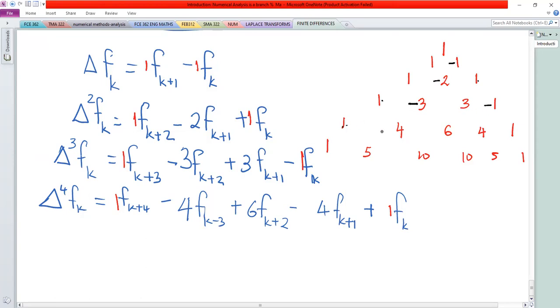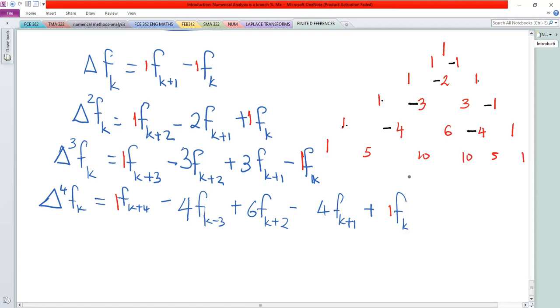So this is 1, minus 4, positive 6, minus 4, and positive 1. So it means that you can always predict the higher order forward differences by simply using the binomial coefficients and then alternating the signs. So the first one is positive, then followed by negative, positive, negative, in that order.